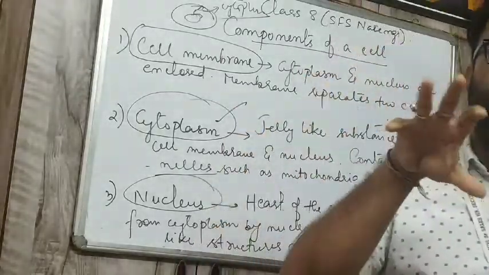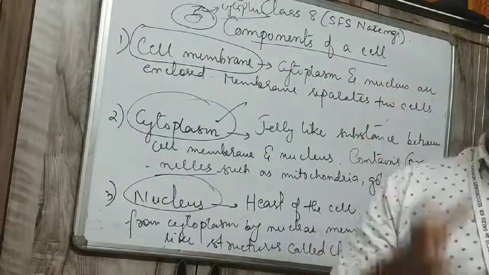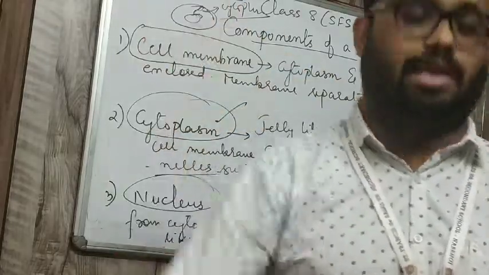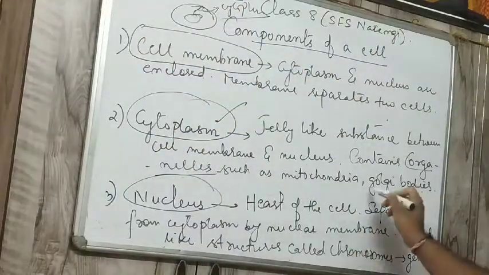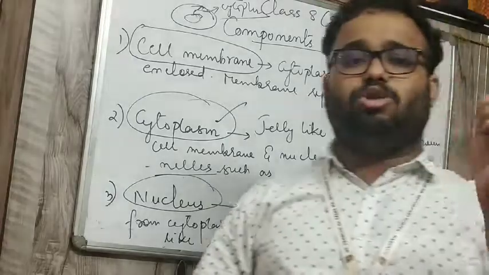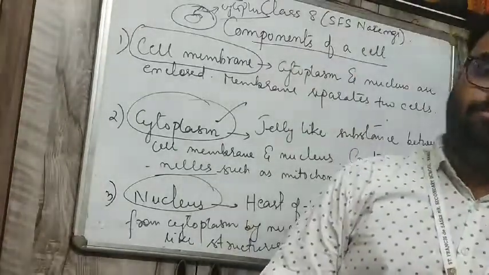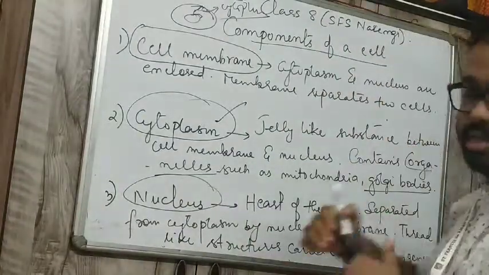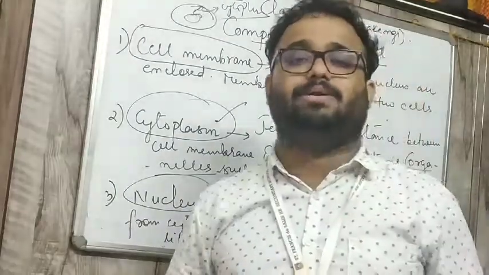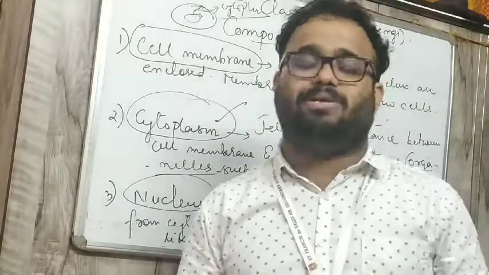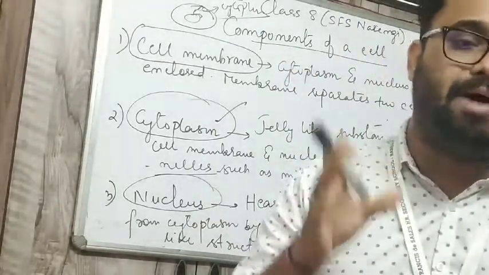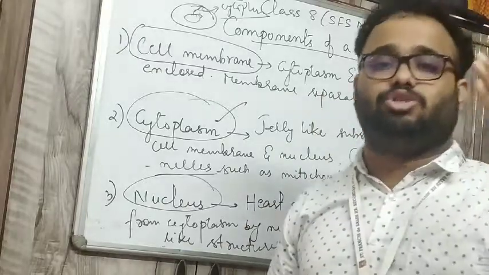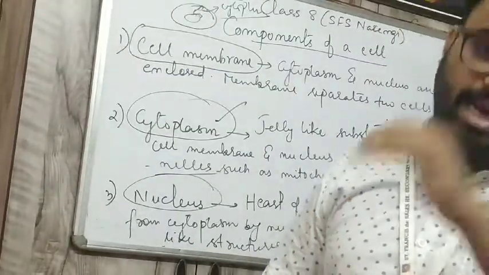Similarly, mitochondria is called the powerhouse of the cell because it provides energy to each and every cell. Cytoplasm also contains Golgi bodies, which are responsible for various other functions. Golgi bodies and mitochondria we will learn later on in other classes.